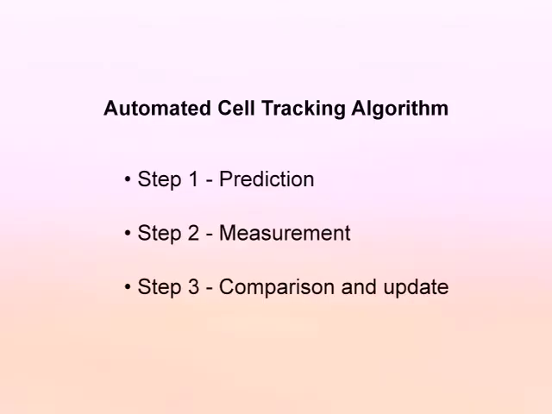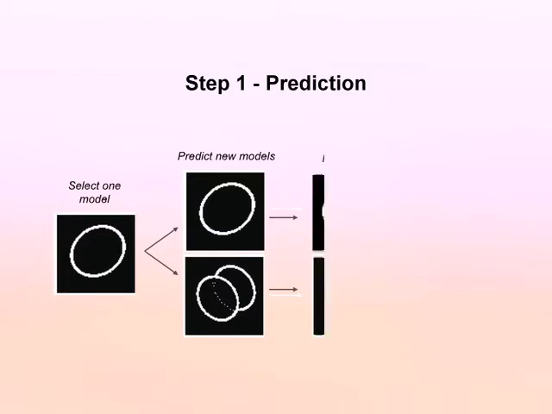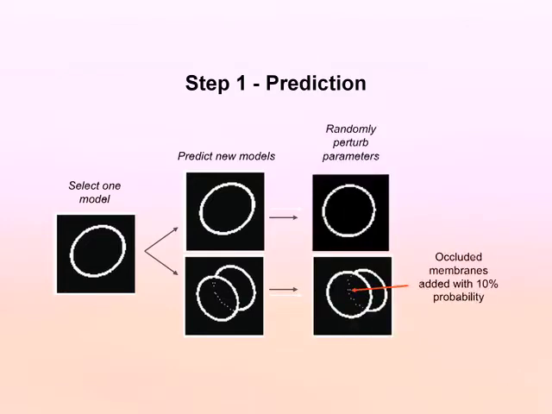For the second component of the imaging technology, there are 3 steps to obtain an automated cell tracking algorithm: prediction, measurement, and comparison and update. In the prediction step, one model is selected, new models are predicted, and parameters are randomly perturbed for each image to generate a distribution of possible embryo models.